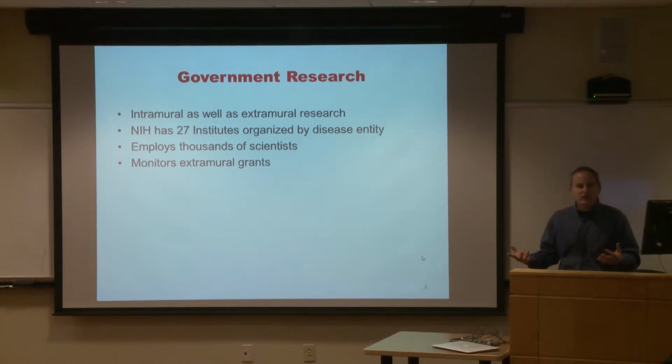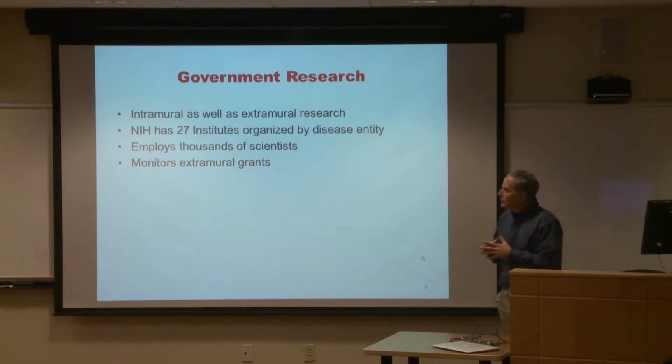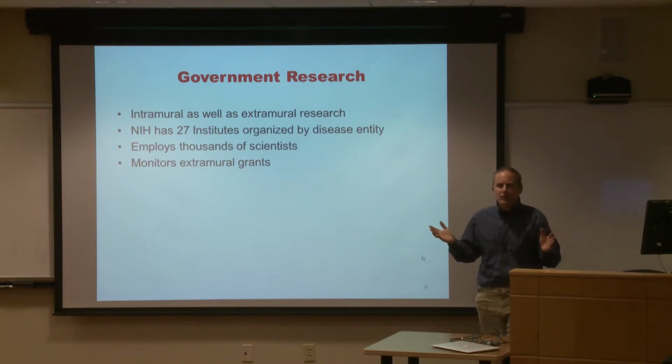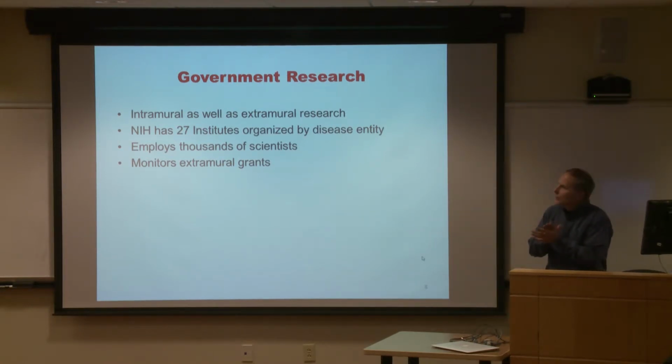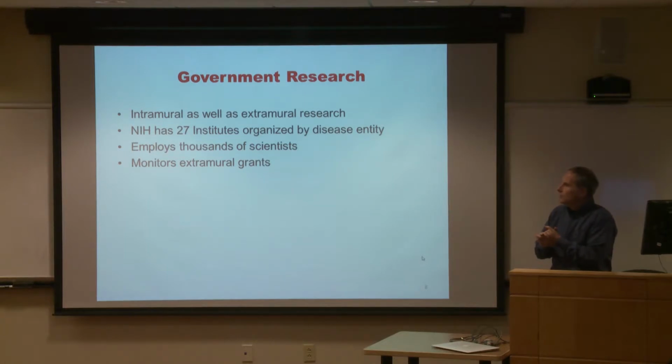They employ thousands of scientists. It's another great way to get a job. If you like living in DC, or even some of these areas are outside the DC area, it's a great way to do research there in a nice environment. They have very good benefits.